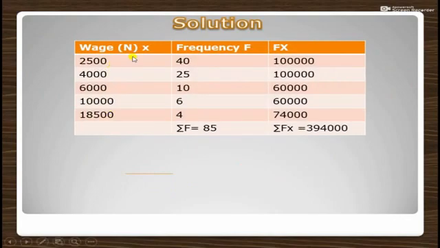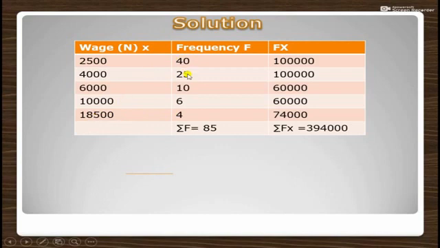We're going to prepare our frequency distribution table. For 2,500, we have 40 people who receive 2,500. Then for 4,000, there are 25 people who are paid 4,000 naira. 6,000 naira, we have 10 people. We have 6 people who are paid 10,000 naira, and then 4 people are paid 18,500 naira.